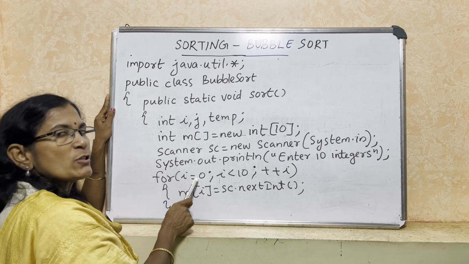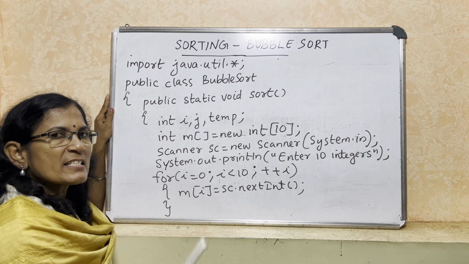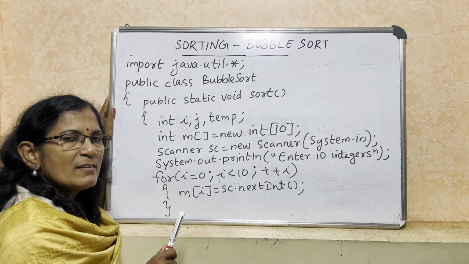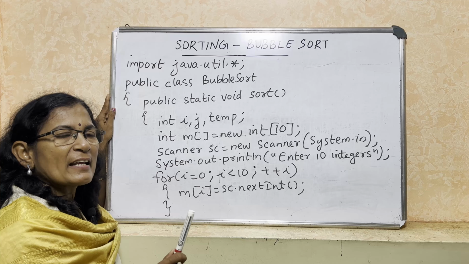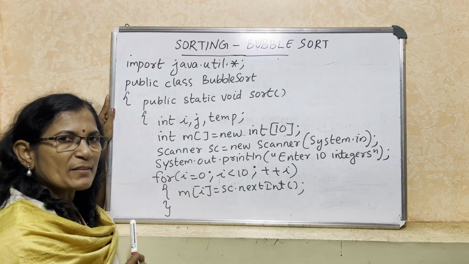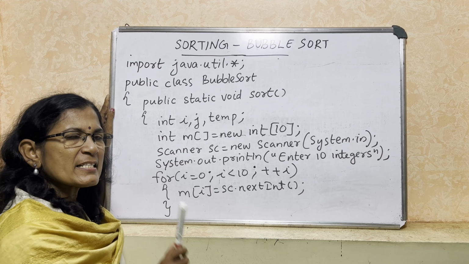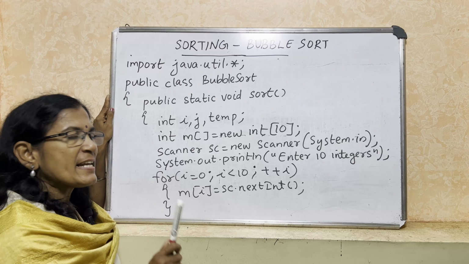For i is equal to 0, i less than 10. As the size of the array is 10, the first index of the array is 0 and the last index of the array will be 1 less than the size of the array. That means the last index of the array is 9.